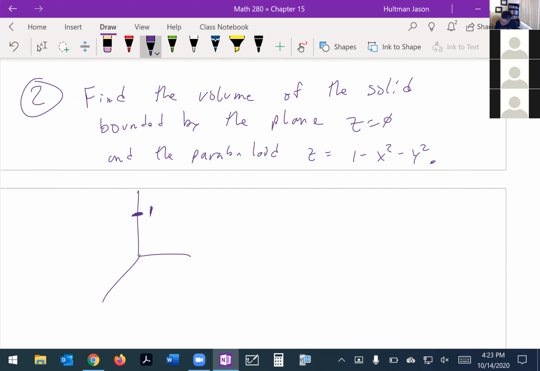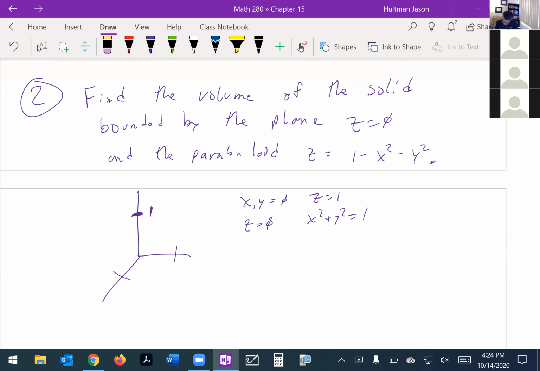Okay, what happens when z is 0? When z is 0, don't I get just a unit circle? When x and y are 0, then z equals 1. When z equals 0, then I get x squared plus y squared equals 1, which is just a unit circle. Get this thing here.